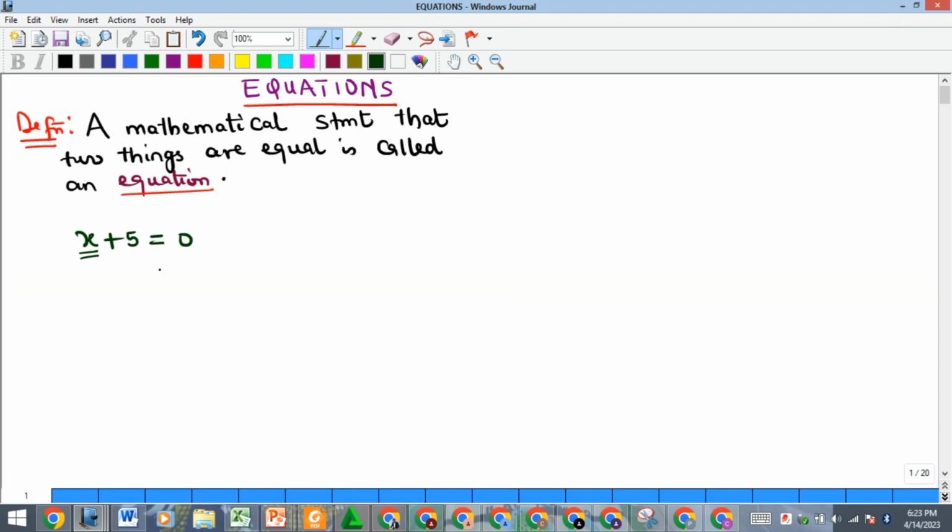Now, a mathematical statement can actually be true or not true. One can say that 2 is equal to 7. This is a mathematical statement, so it can either be true or not true. But for the purpose of our lesson, we will be only considering the true mathematical statement.